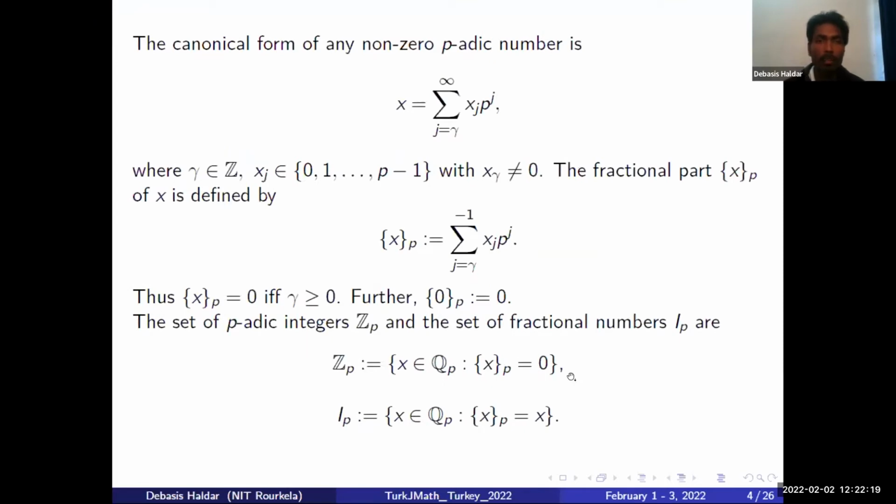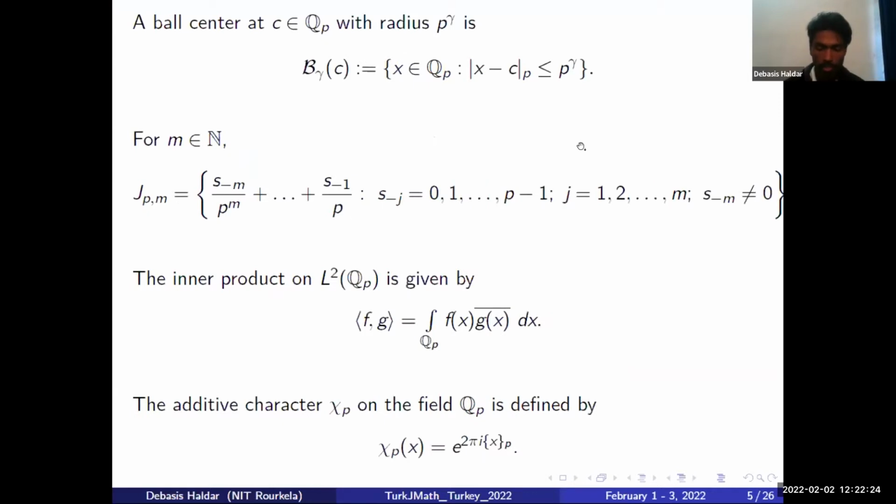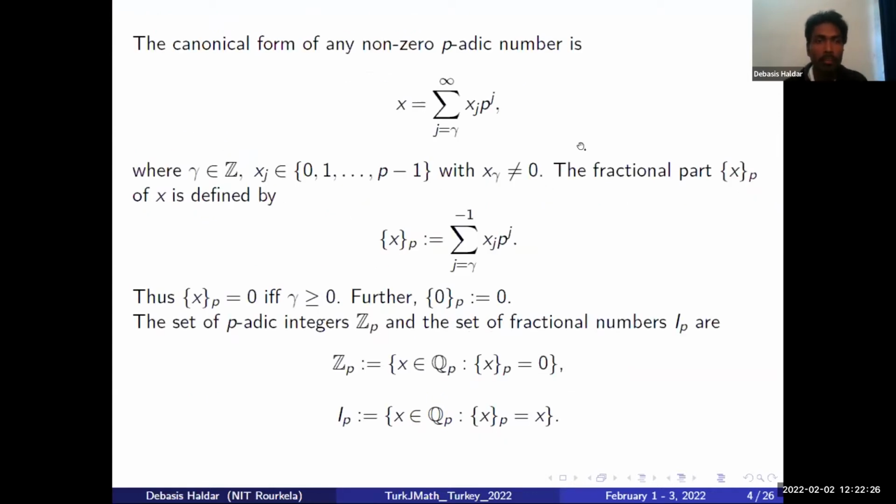The canonical form of any p-adic number x is the summation of x_j p to the power j, where j is from gamma to infinity, gamma can be any integer, the x_j's are from 0 to p minus 1, and the leading coefficient x_gamma is not equal to 0.